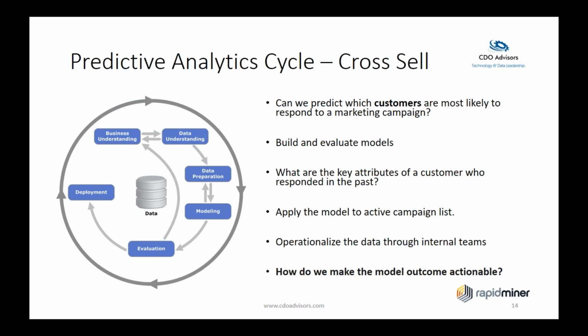So we build and evaluate the models. Do we have information on the past about which customers responded the best? How do we apply the model to an active campaign list? Can we operationalize this data? And again, the whole point of all of this is, how do you make the model outcome actionable?